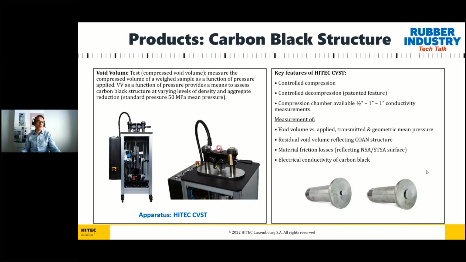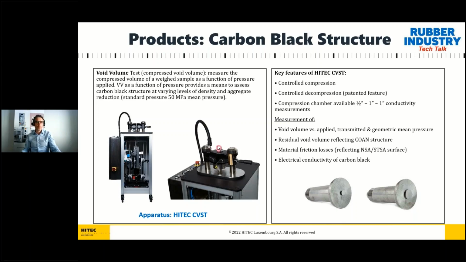With our equipment, you can measure void volume versus applied, transmitted, or geometric mean pressure, and the residual void volume, which is correlated to COAN structure, and material friction losses, which in some way reflect NSA and STSA surface.